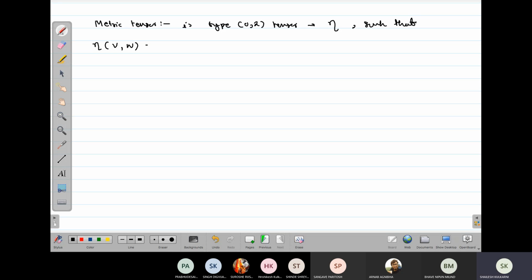So eta acting on V, W is the same as eta acting on W, V. It basically satisfies the same property as your inner product. So instead of saying inner product, I am saying it is a metric tensor. By definition it is a tensor, so it is bilinear: eta of V, alpha W1 plus beta W2 is equal to alpha eta(V, W1) plus beta eta(V, W2).